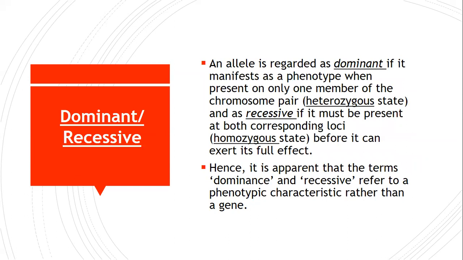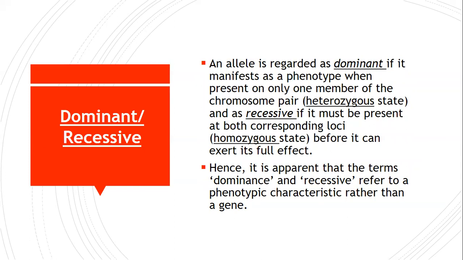Dominant and recessive. An allele is regarded as dominant if it manifests as a phenotype when present on only one member of a chromosome pair, that is, in the heterozygous state.